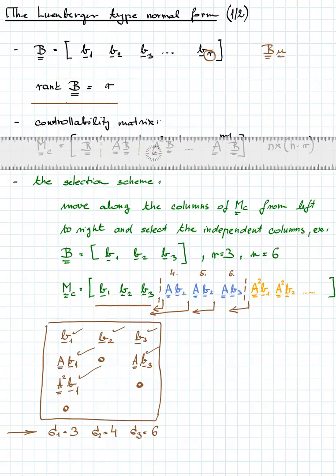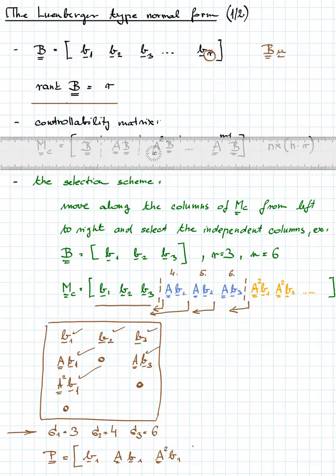The last step here is to build up a matrix, and this matrix is denoted by P. In P, I am just copying the elements of the selection scheme in the following way. So I put B1, AB1, A square B1 from the first column.